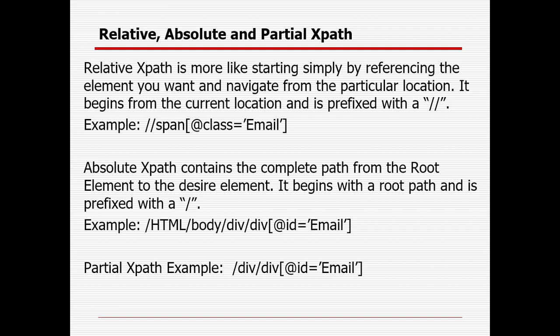So what is absolute XPath? I am giving you a simple example. Suppose myself, Haradhan, I am staying in Kolkata. My address is, suppose, my zip code is ABC, my flat number is this, my floor number is this, like that. Suppose someone wants to travel from Delhi. So what is the path?